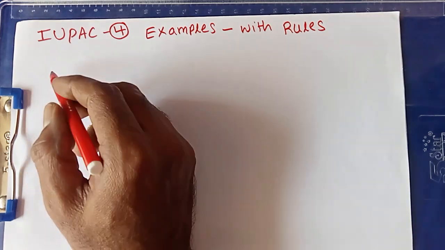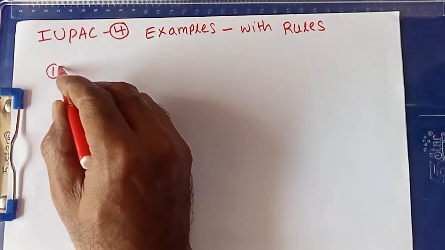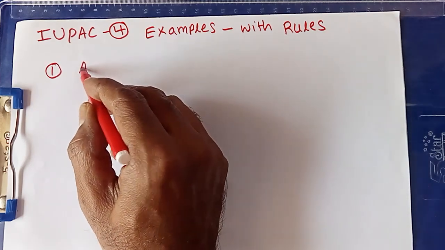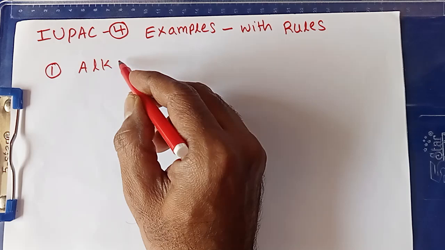First simple example, number 1. Okay, a simple alkane I take here.